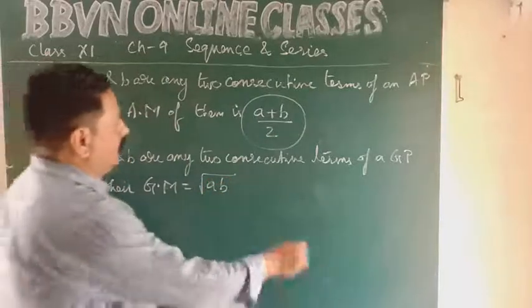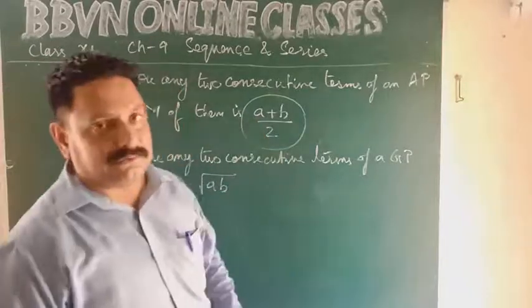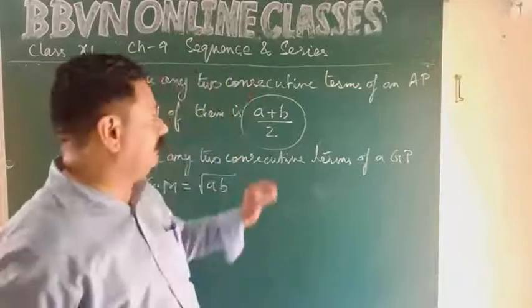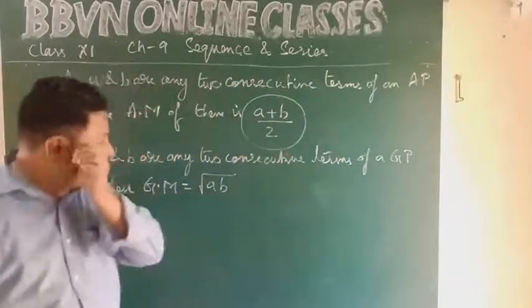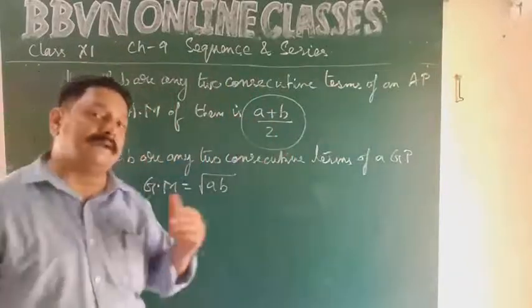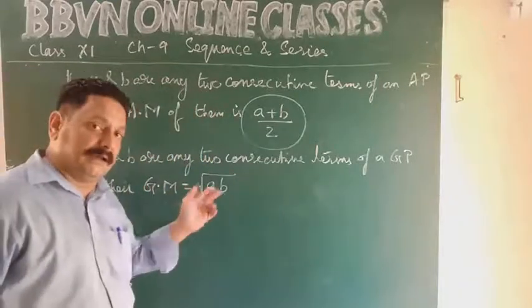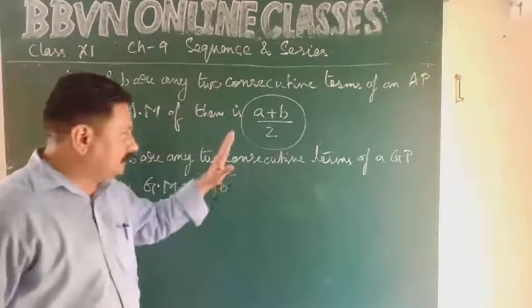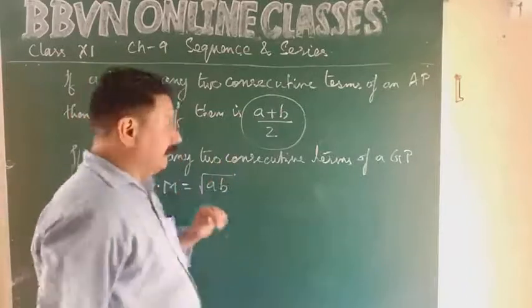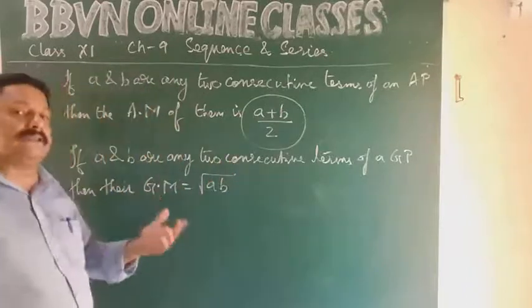Okay? A and b are any two consecutive terms of an AP, then their arithmetic mean will be a plus b upon 2. If a and b are any two consecutive terms of a geometric progression, then the geometric mean GM will be under root ab, right? So arithmetic mean and geometric mean. Let us find out the relationship between these two.